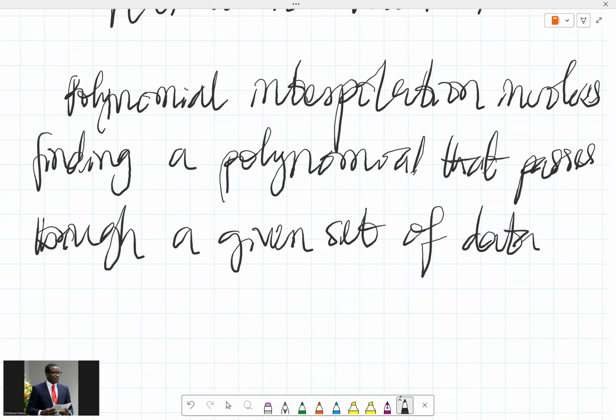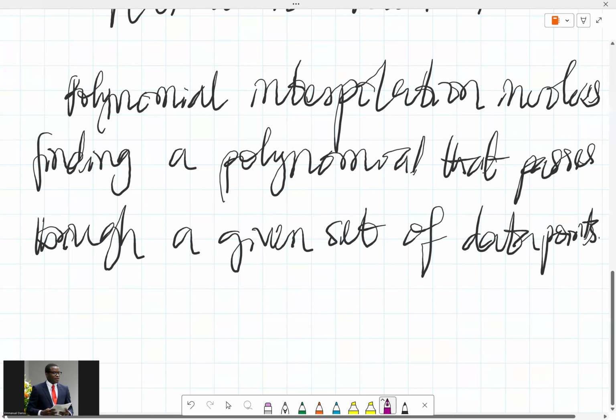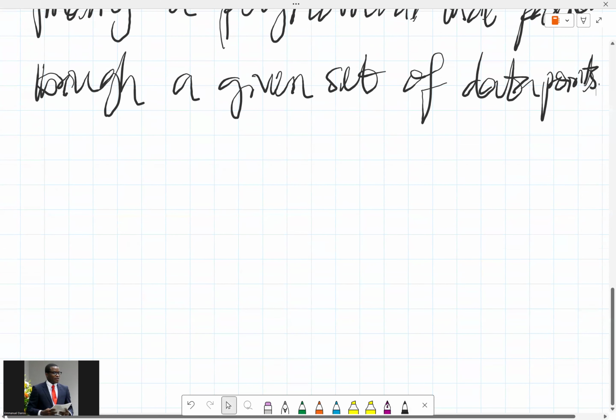So sometimes you have a set of data points and you want to turn it into a polynomial. So polynomial interpolation is the best place for you.